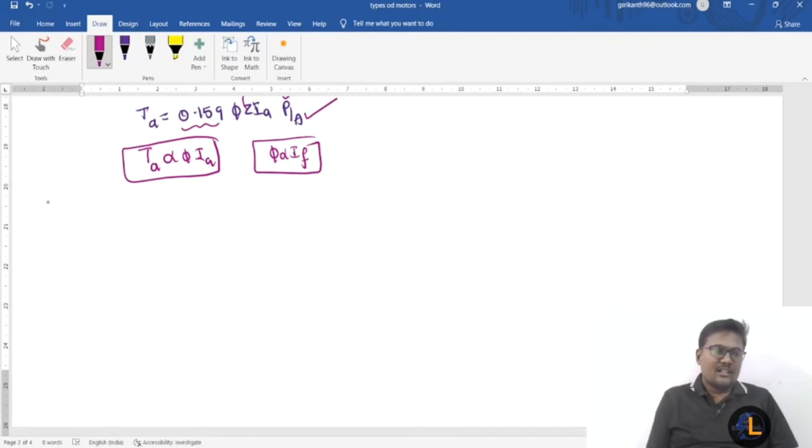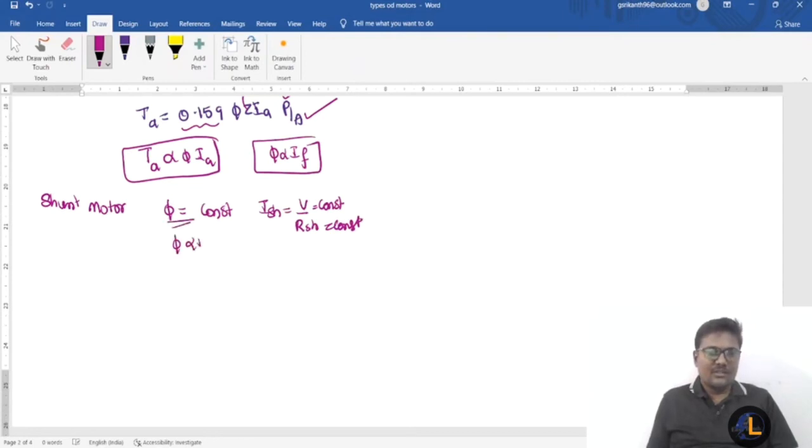If you go for the shunt motor, flux is constant. Why? Because the shunt current is V by RSH, supply voltage is constant, RSH is also constant, and the flux is also constant because phi is directly proportional to ISH. Then armature torque is directly proportional to IA.